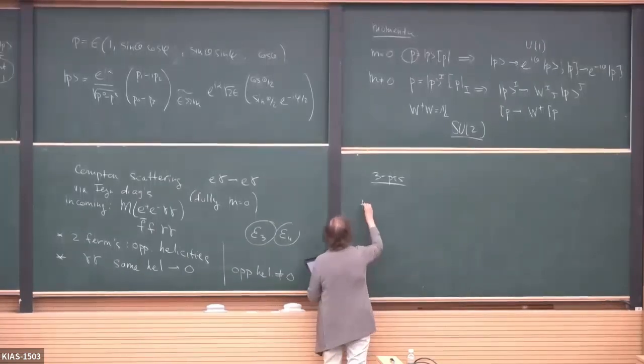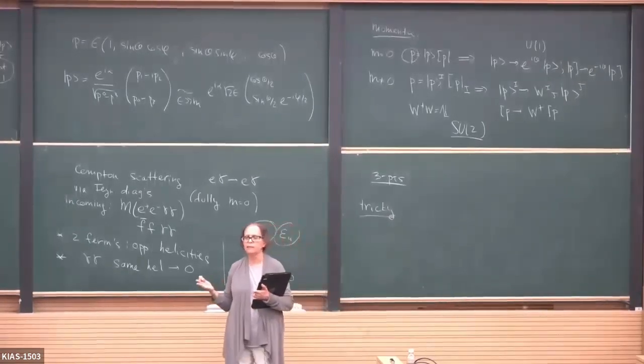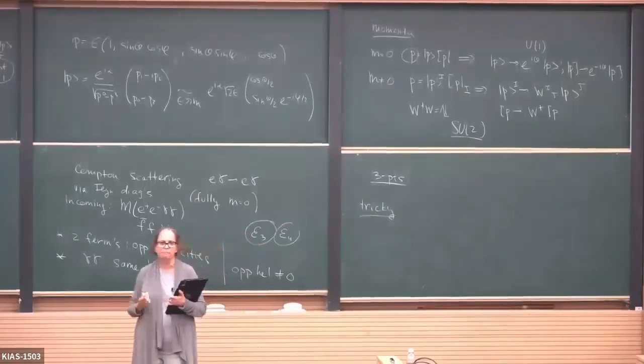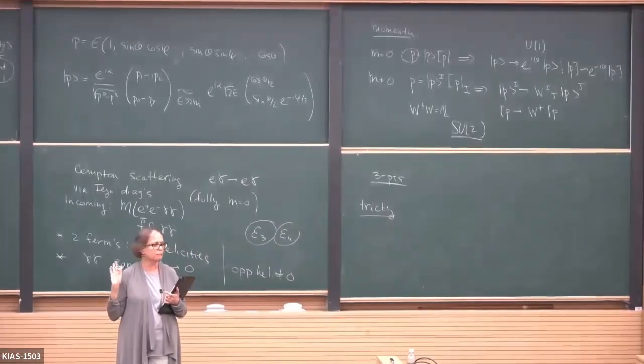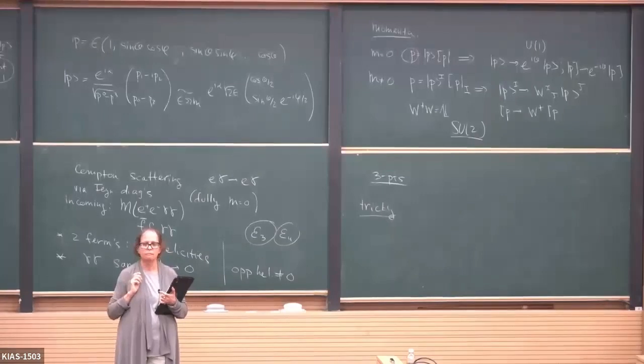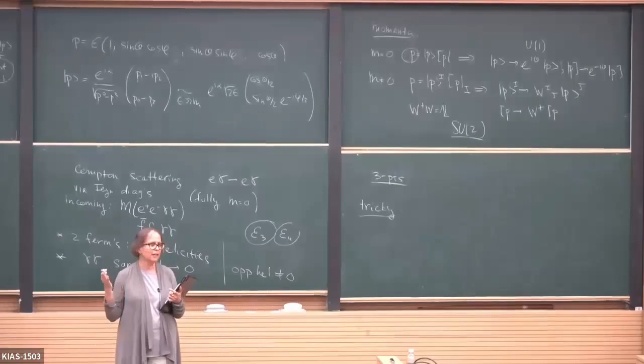And the reason they're tricky is the following. Can someone think about why they're tricky? I'm thinking about 3-point amplitudes for massless particles. So they don't exist, right? As you say, they're kinematically forbidden.